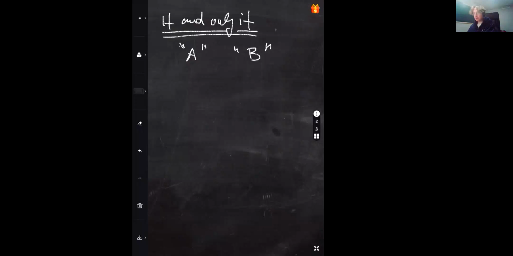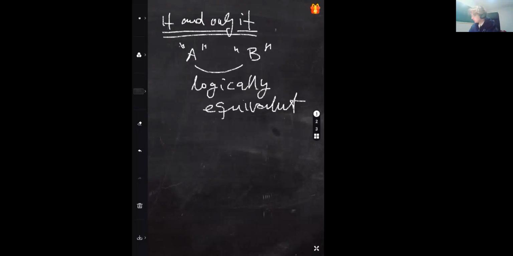And also, whenever you have the case in which B is true, A accordingly has to be true as well. So the two of them are logically equivalent statements. So I'm going to write it down. Logically equivalent statements.